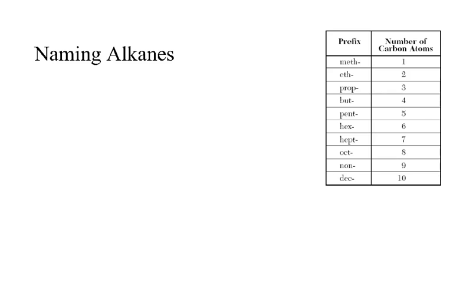So when we name our alkanes, let's just write the formula up here again: CnH2n+2. I'm sorry, plus 2, not plus 1.